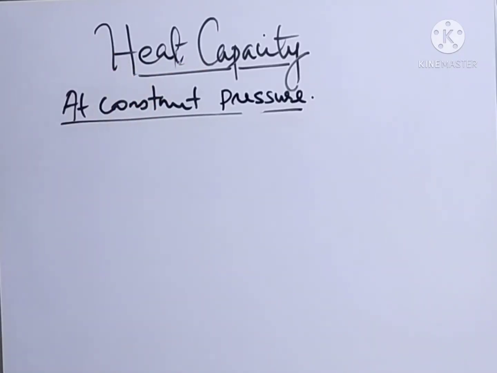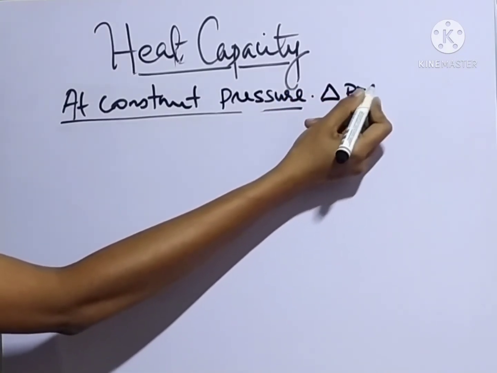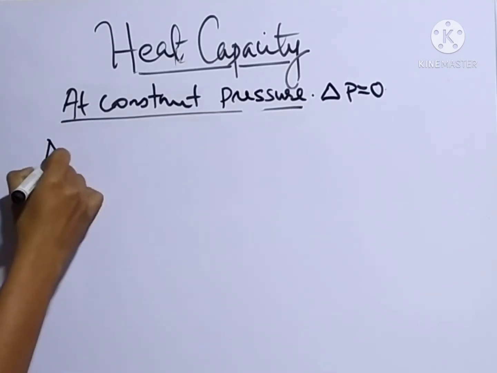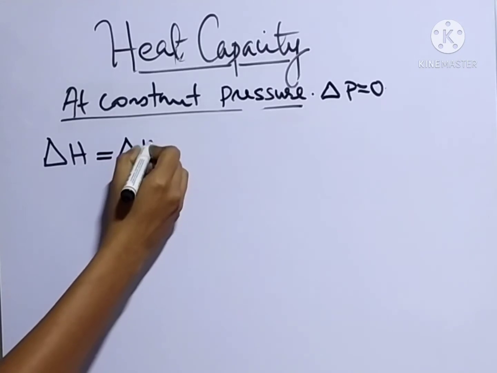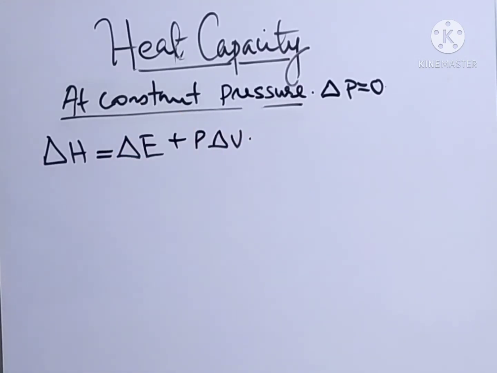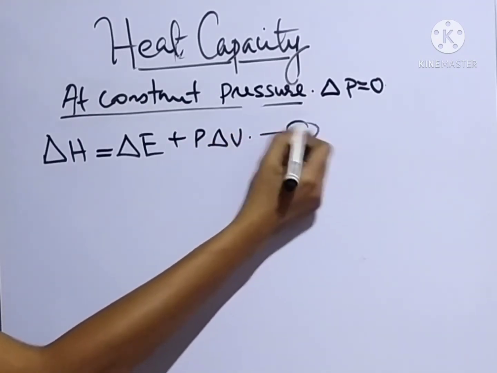Then the heat capacity at constant pressure, that is, delta P equal to 0. If we consider the enthalpy change of a system, delta H equals delta E plus P delta V. This is equation number 1.